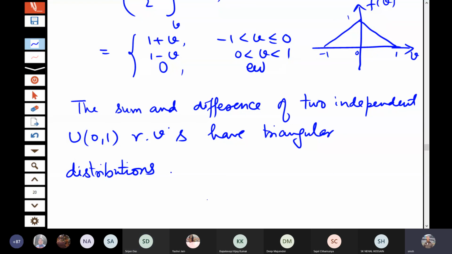So this is the case of one-to-one functions, but you may have many-one functions also. Like in the case of one variable, when we had a many-one function, we split the region into disjoint regions such that in each region you have a one-to-one mapping, and then you calculate the density in each region and sum them. So you get the joint PDF of the many-one functions also.